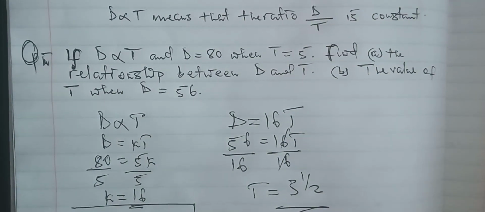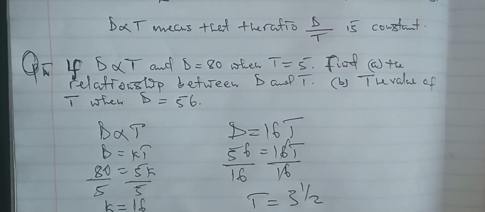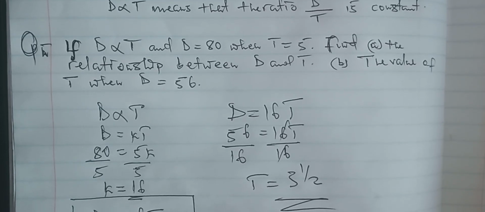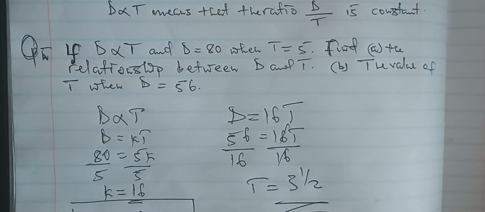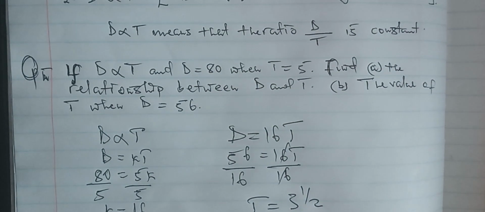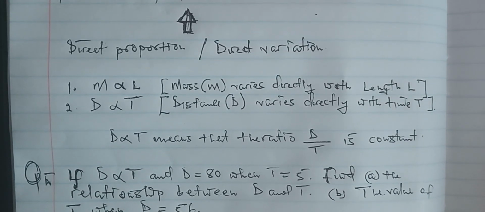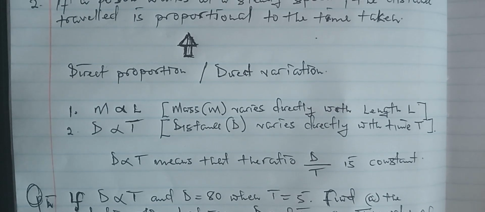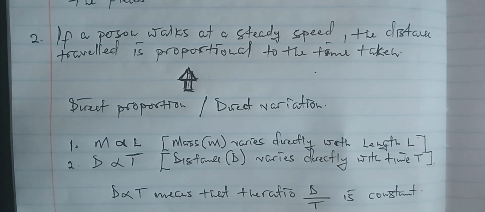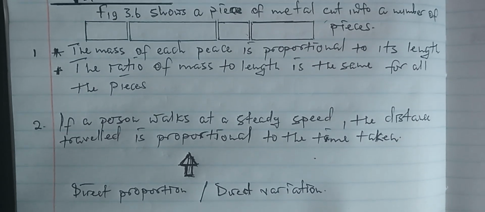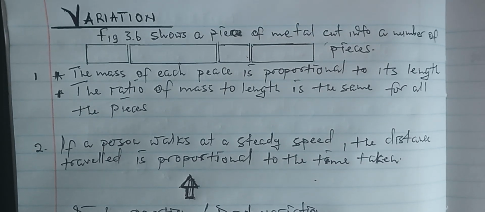Always remember that practice makes perfect. I'm going to bring more tutorials with questions on direct variation so that we can practice more questions, and then we will look at other variations, because basically we've got almost 4 variations, and this one is the first variation, which is called direct variation.